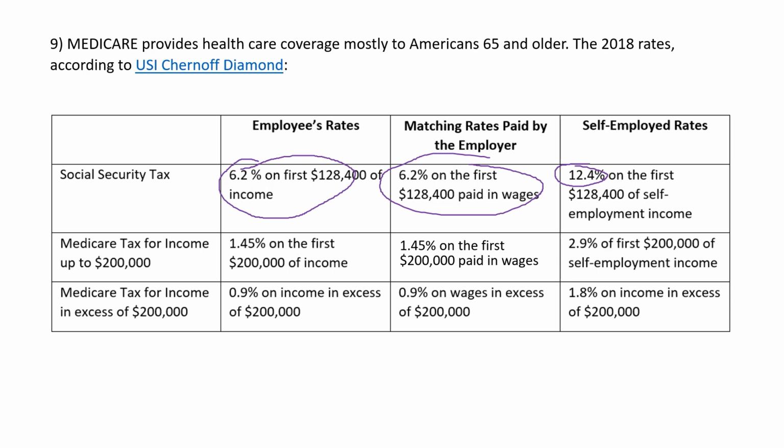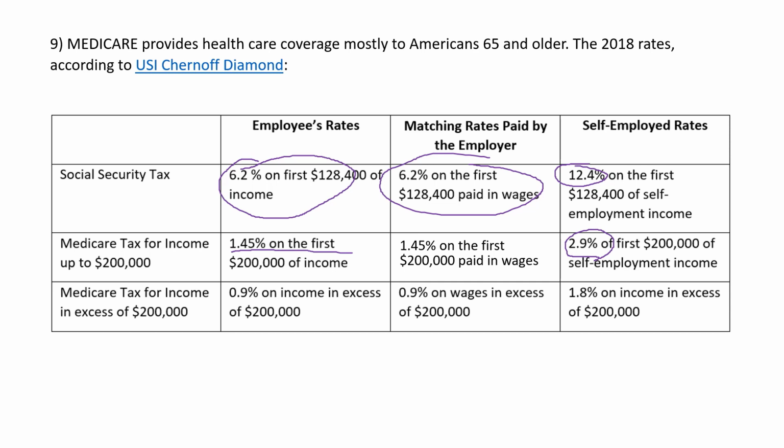For Medicare, it's 1.45% on the first $200,000 of income for both the employee and the employer, and if you're self-employed, you pay both parts, which would be 2.9%.